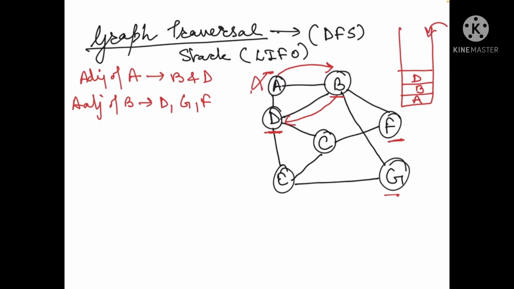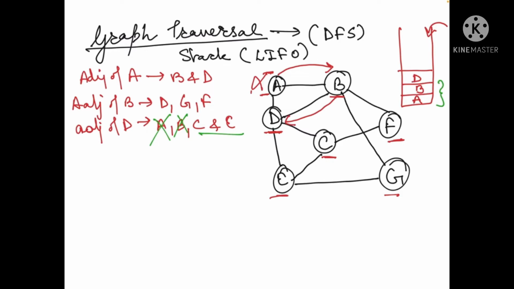Now I am going to see the adjacent of D. The adjacent of D are A, B, C and E. We will not take A and B because they are already in the list. So you have C and E remaining.